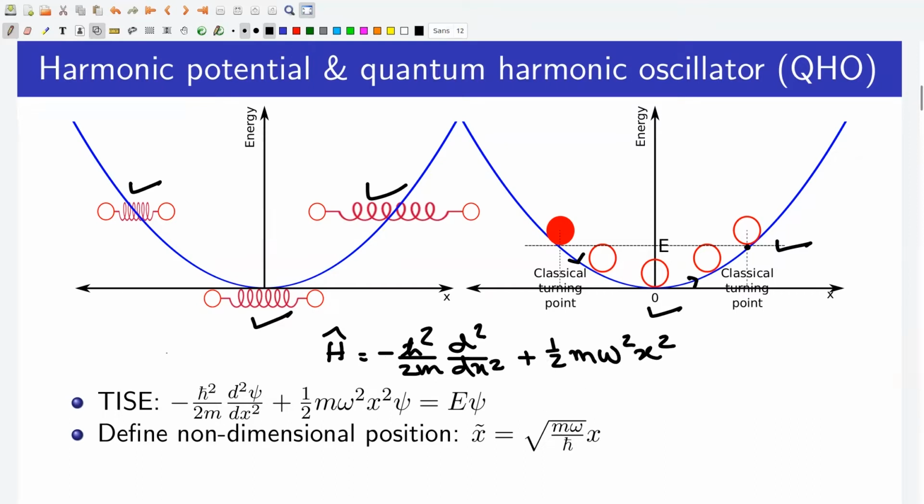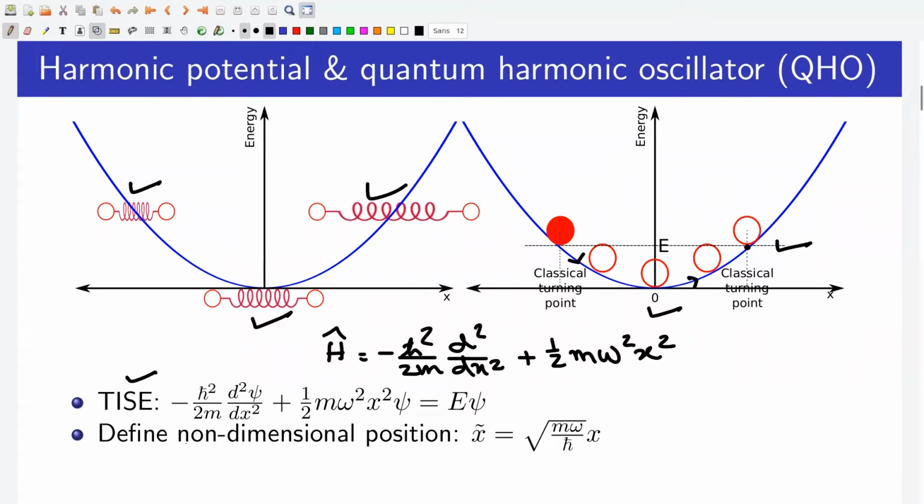Thus, we write the time independent Schrödinger equation as minus h cross square by 2m d2 psi/dx square plus half m omega square x square psi is equal to E psi.